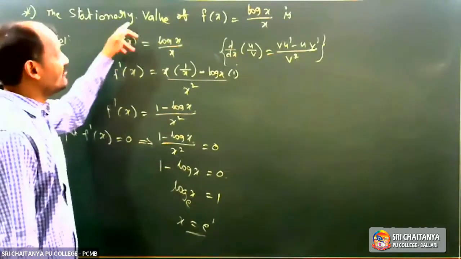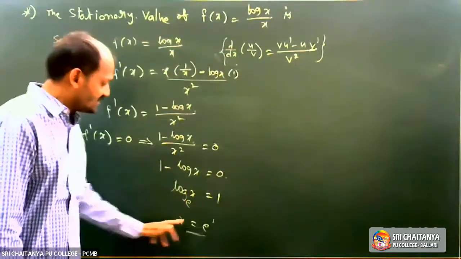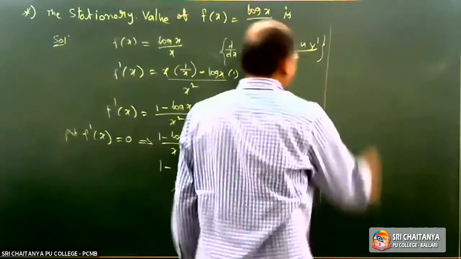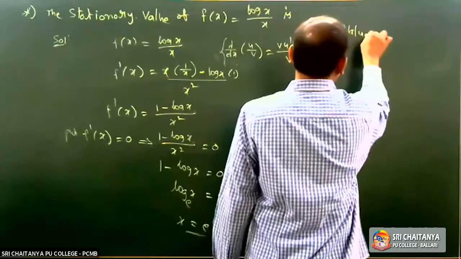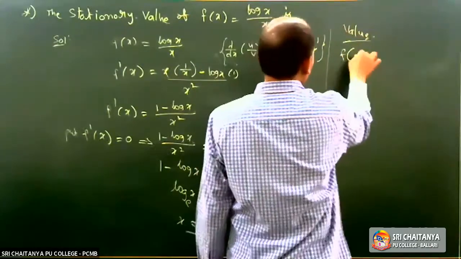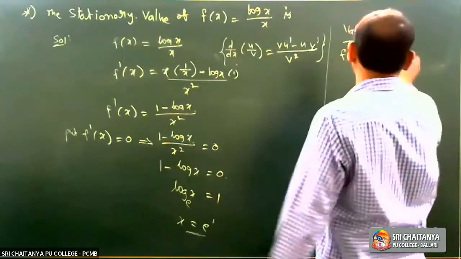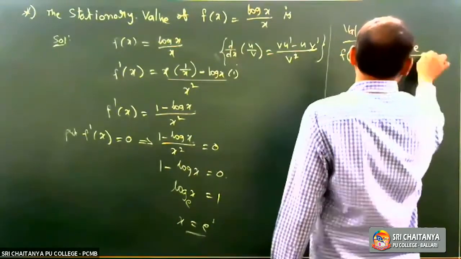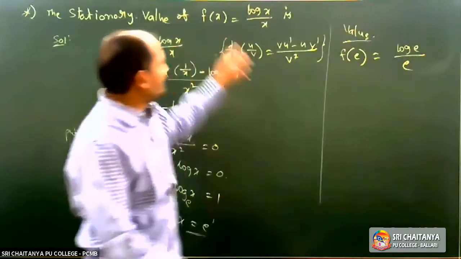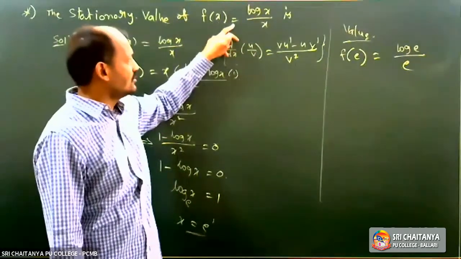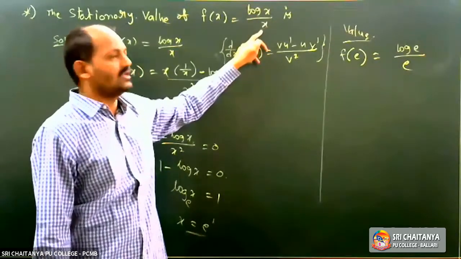But to find the stationary value, that means at x is equal to e, substitute in the given function. Now the stationary value means f of e. How to find f of e? f of x is equal to log x by x, so f of e is equal to log e by e.